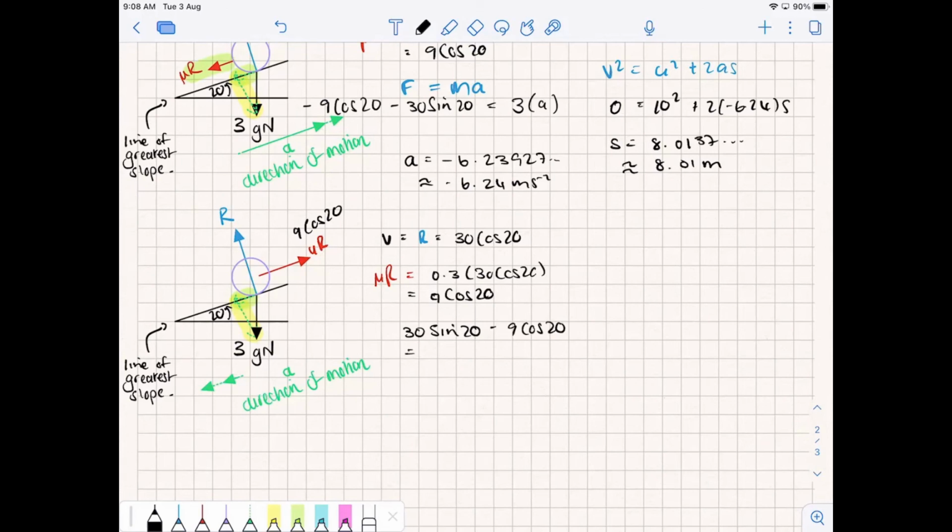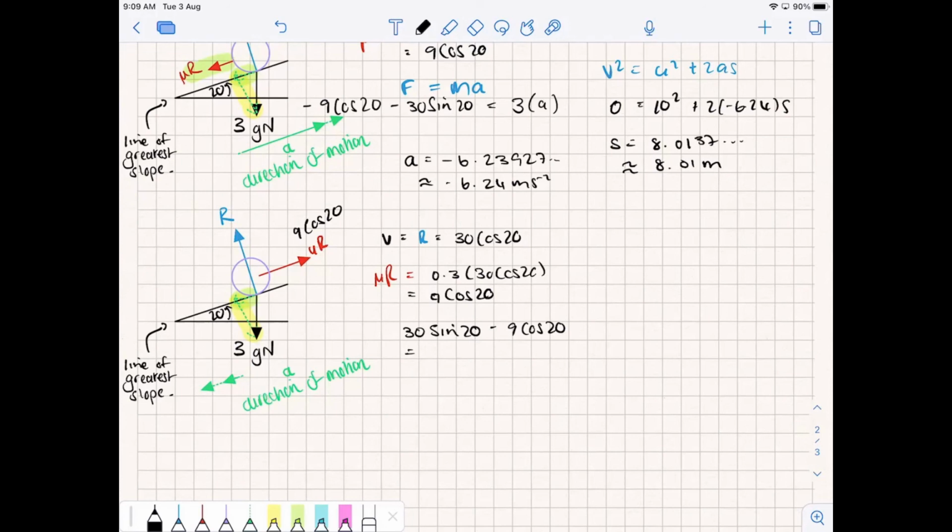Now remember, if I get a positive number, that means the ball is going down the hill in the direction of motion. If I don't get a positive answer, then I've made the wrong assumption. I need to remember and realize that. What I end up with is a positive force.